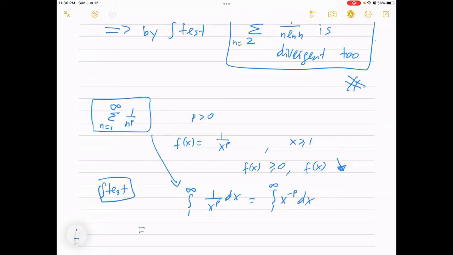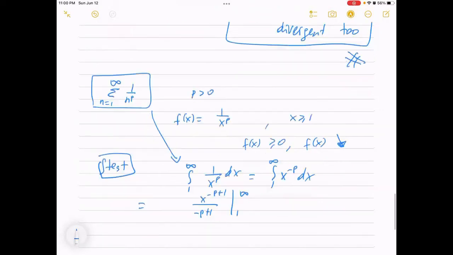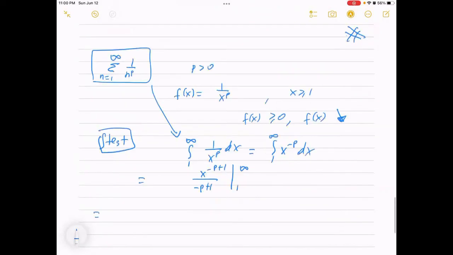So we're going to get x to the negative p plus 1 divided by negative p plus 1, and we're doing it from 1 to infinity. So we're going to rewrite it as 1 over 1 minus p times x to the p minus 1, from 1 to infinity.